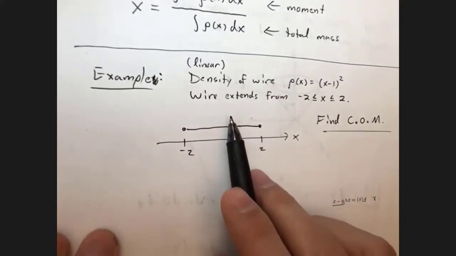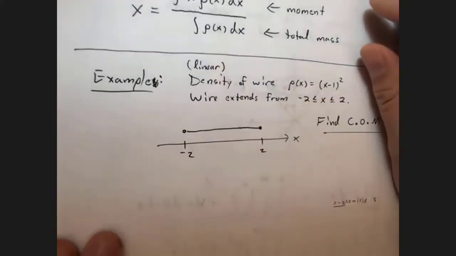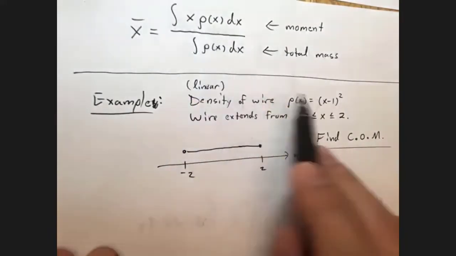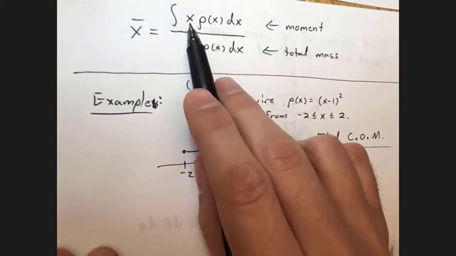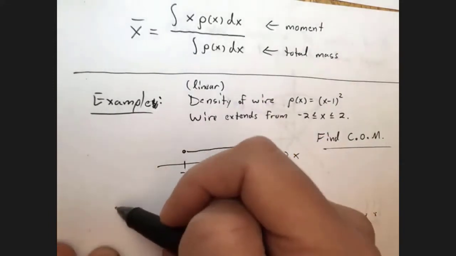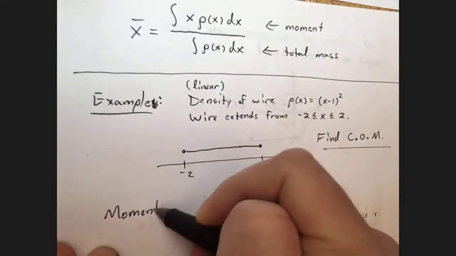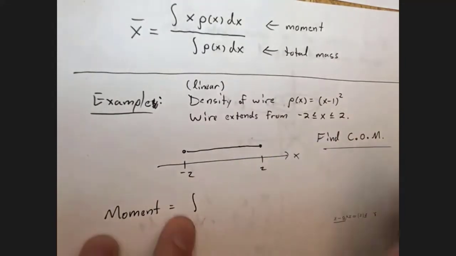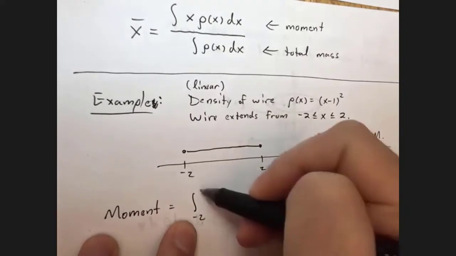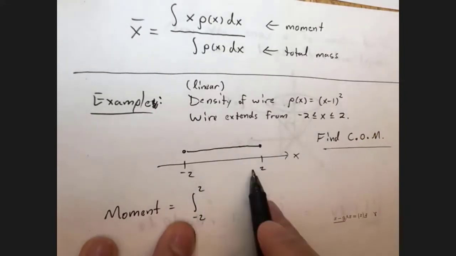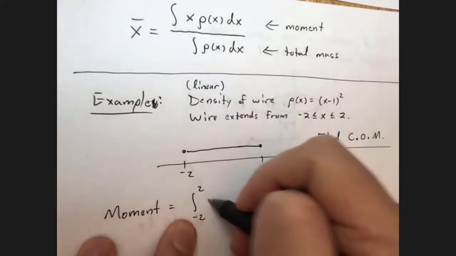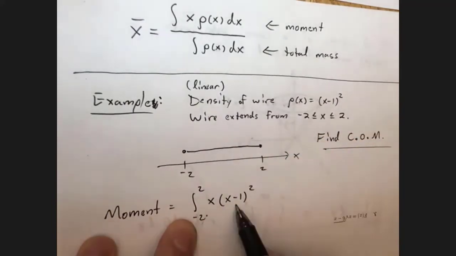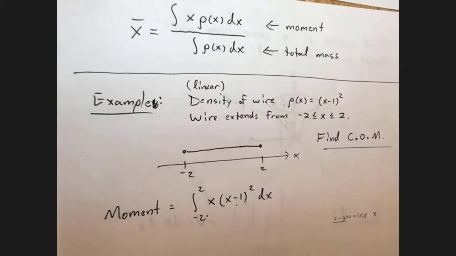Here's the formula up here. We've got our density, and we multiply that by x to get our moment. So the moment is the integral from -2 to 2, because that's where this wire lives, of x times x minus 1 squared, x times rho of x dx.